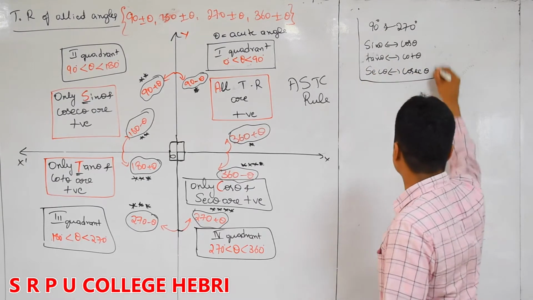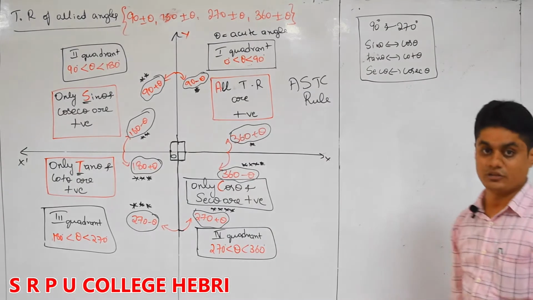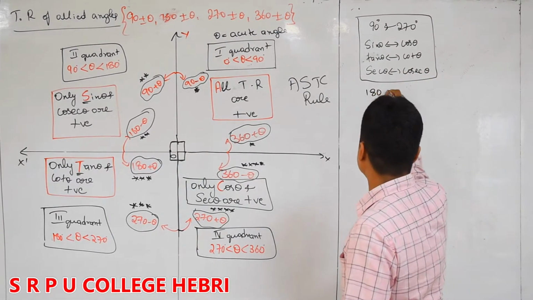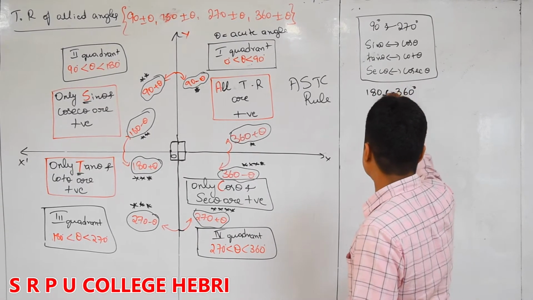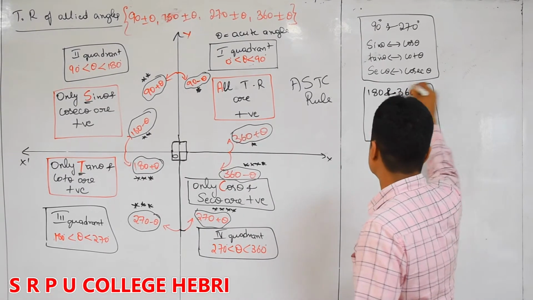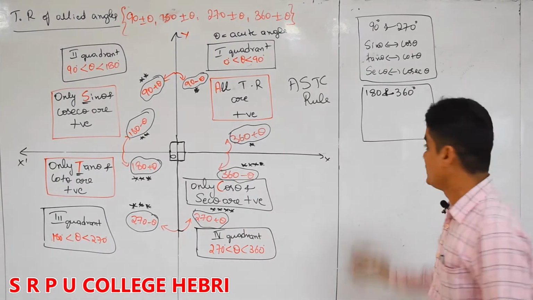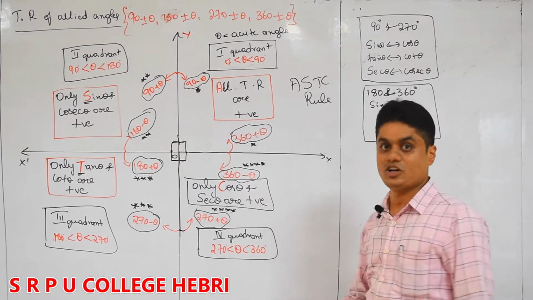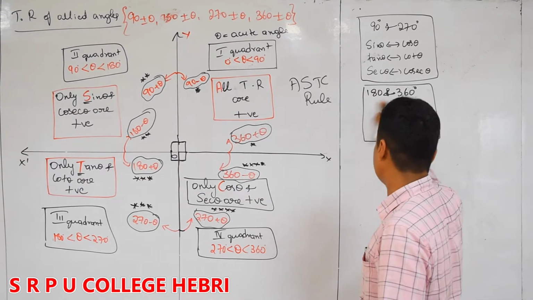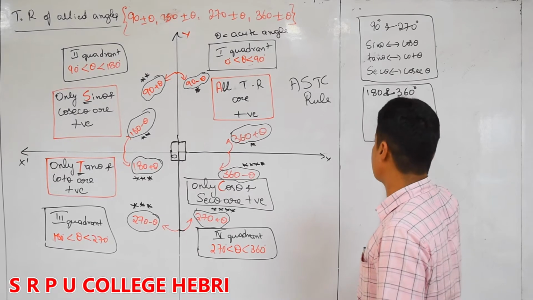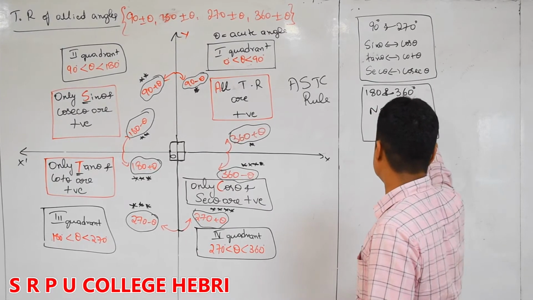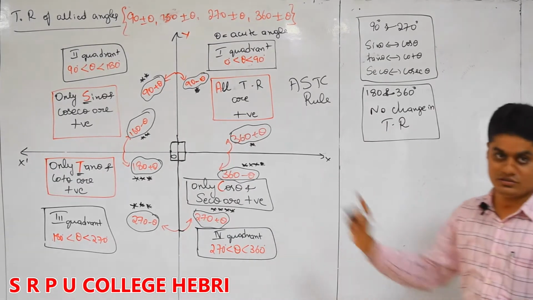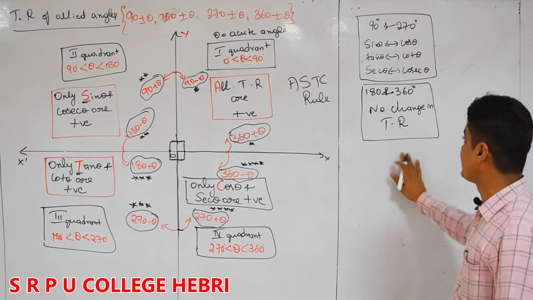Remembering this information, 90 degree and 270 degree will convert the trigonometric ratios like this, as well as 180 degree and 360 degree. Maybe you observed in the previous video that sine remains as sine, cos remains as cos, tan remains as tan only. So there is no change, remember that, no change in trigonometric ratios.